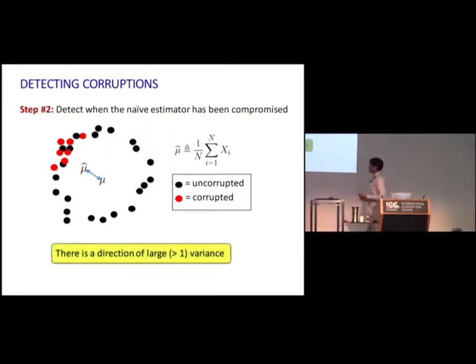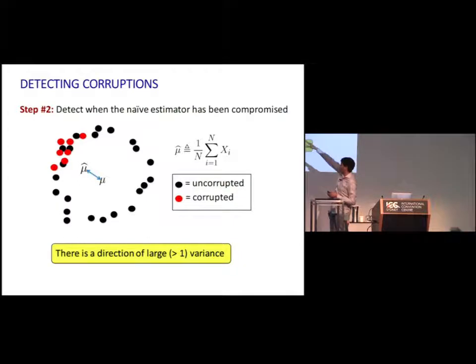So the key idea is that if we just want to use the empirical mean anyways, how can we detect that the adversary has messed us up in this way? If he's really put all of these red points in some low-dimensional subspace, root d distance out, so that he moves our empirical mean a lot, then he's actually going to mess up the variance.